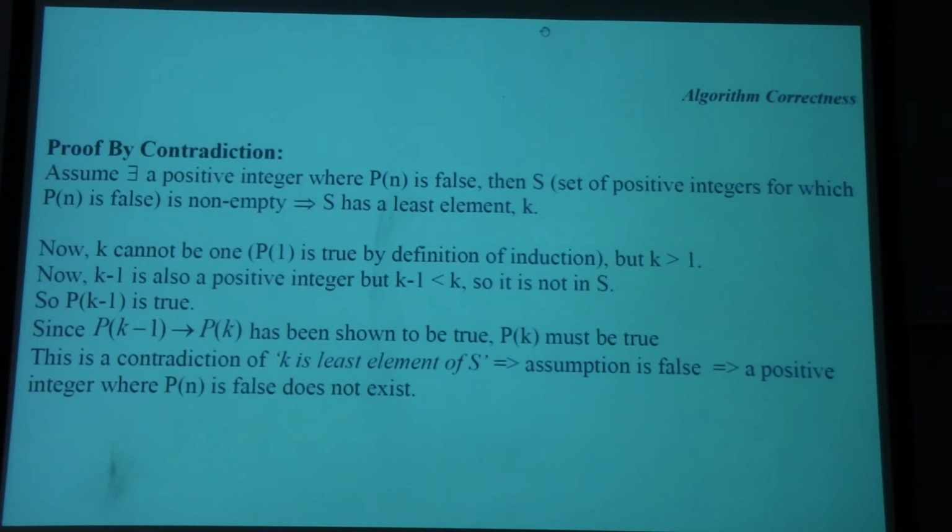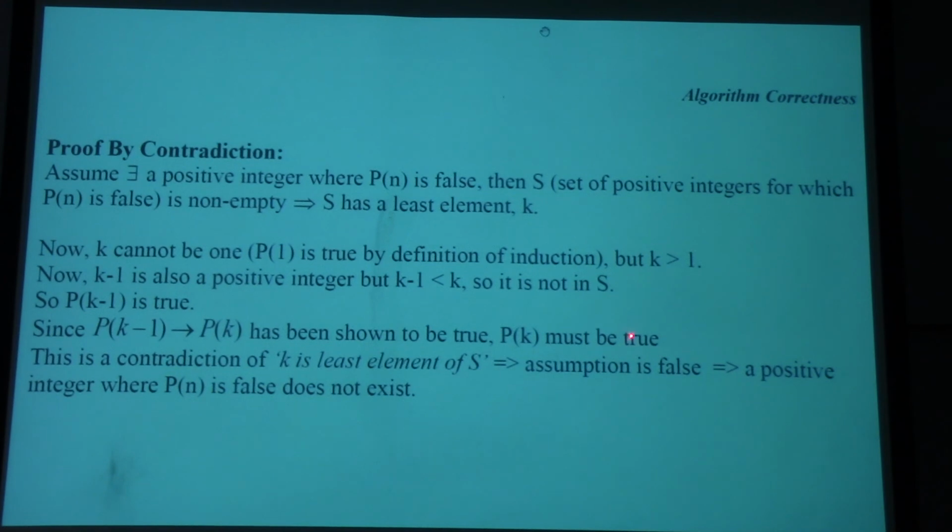What's the smallest element that's not true? K, right? The smallest element for which the proof is not true is K. So therefore, K minus 1, also a positive integer, is less than K, so K minus 1 cannot be in S. Since P of K minus 1 implies P of K has been shown to be true, then P of K must be true.